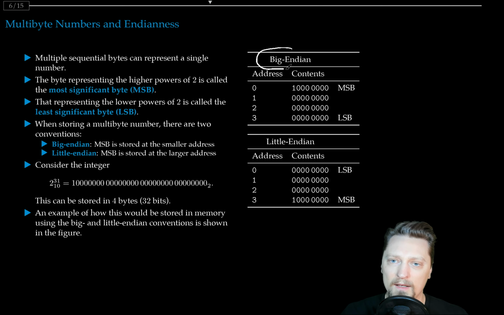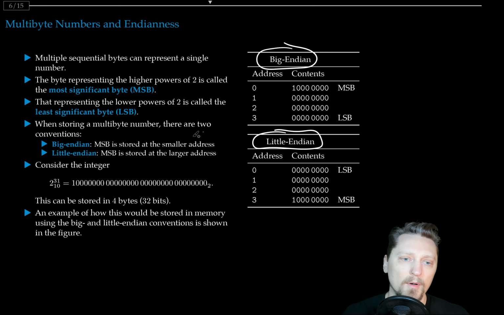So we have the big endian table and the little endian table. So for big endian, we would put the most significant byte. This is the most significant byte. This is the byte representing the biggest portion of this number. We put it at the lower address. So most significant byte first, then the less significant bytes thereafter.